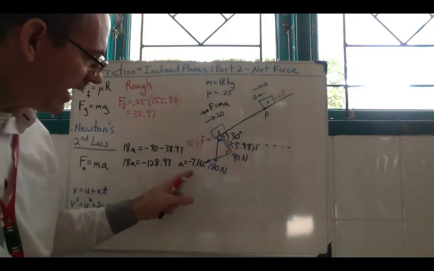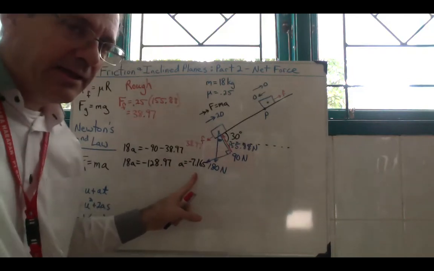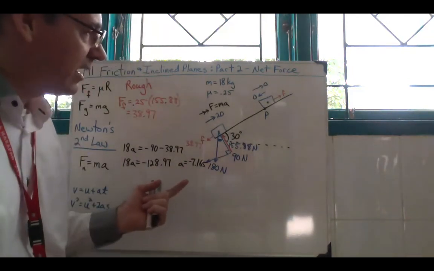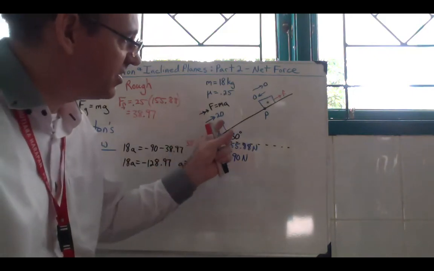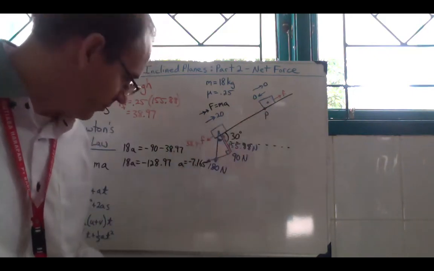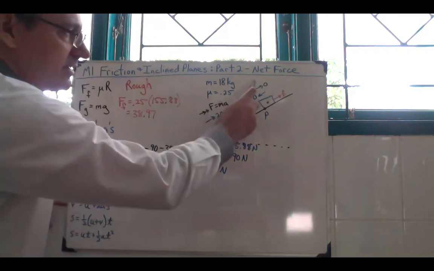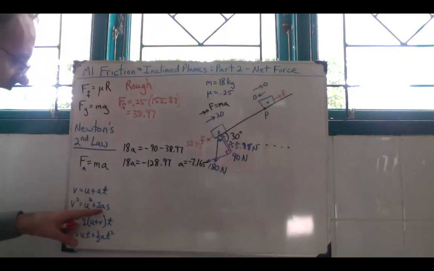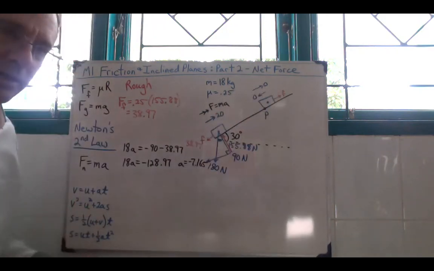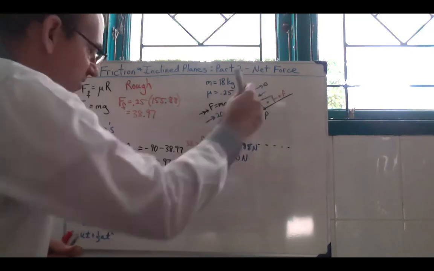So now that we have our acceleration, what we need to do is calculate the distance that this has traveled. Because if you notice over here, we already have initial velocity and final velocity, and we have acceleration going up, but we also need to know the distance.